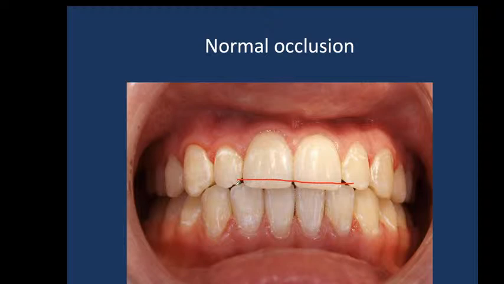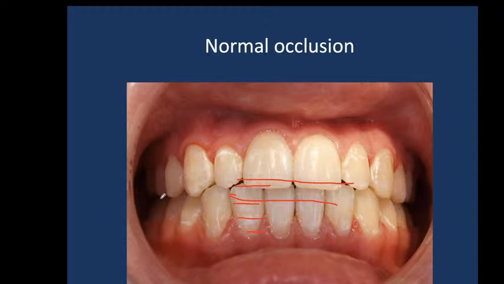So it means if we divide the teeth into 3 parts, usually when the upper teeth are not more than to this line, it means a normal occlusion.